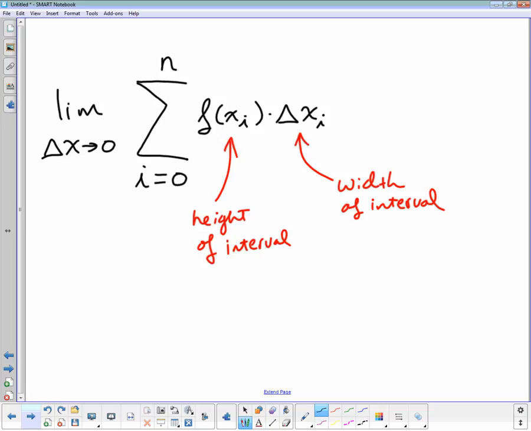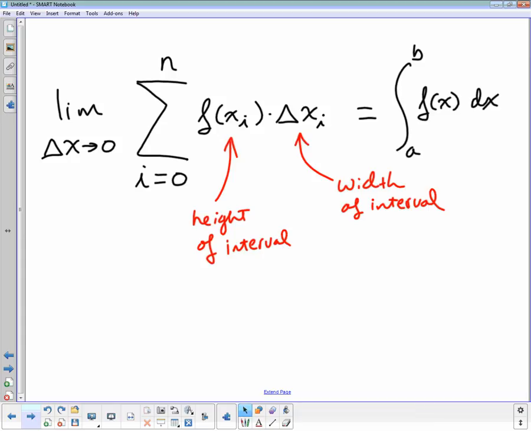The interval gets smaller and smaller, and my approximation gets better and better until eventually the width of the interval is 0, and I have the integral. And that's where it all comes from.